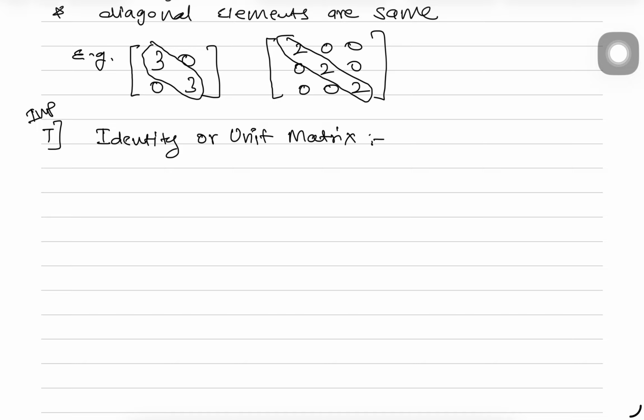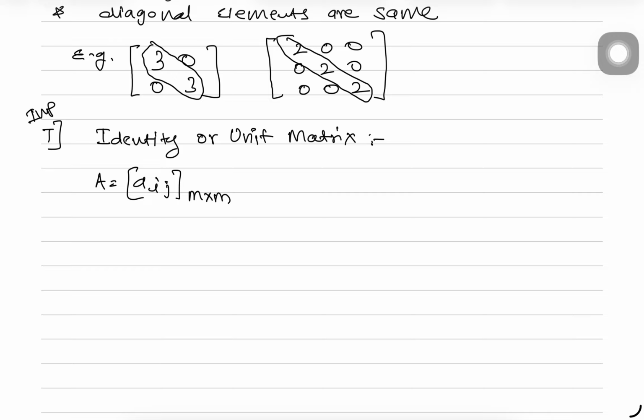A of ij, a square matrix, I purposely write m cross m. When the order of the given matrix is given by the same number, 2 cross 2, 3 cross 3, it is automatically a square matrix.